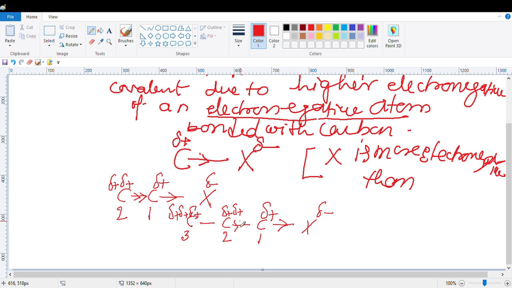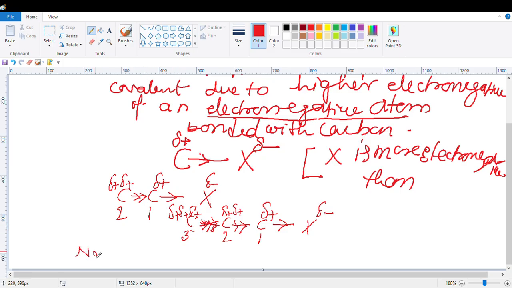That's why C2 is getting two partial positive. C3 is getting three partial positive charges. So this is because X is giving one positive charge, C1 will give another positive charge and C2 will give another positive charge. So there will be three arrows represented towards C2, and this shows that C2 gives one positive, C1 gives the next positive and X gives another positive charge.